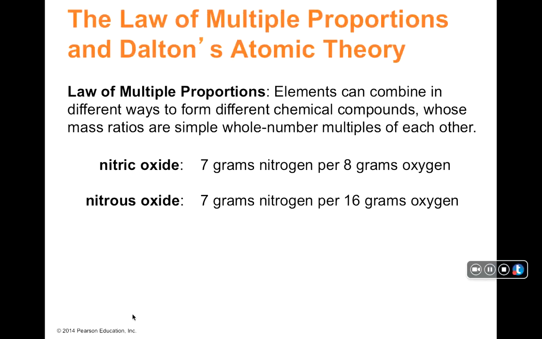The law of multiple proportions tells us that elements can combine in different ways to form different chemical compounds. So this just tells us that, say, hydrogen and oxygen can combine together to form water. And so in that case, there's 2 hydrogen atoms and 1 oxygen atom in every molecule of water that we have. Or we could take, say, hydrogen peroxide.